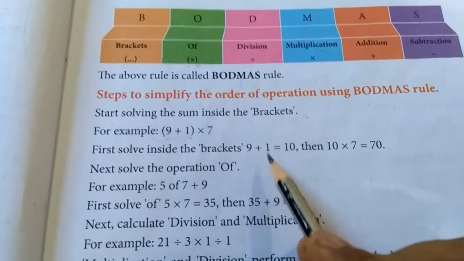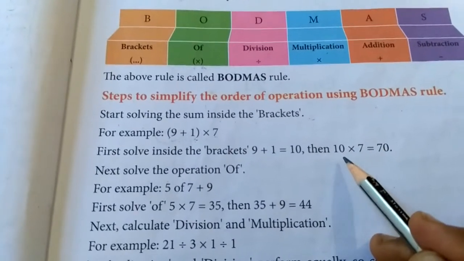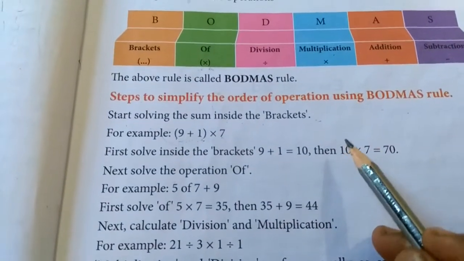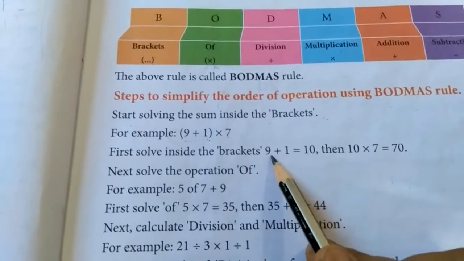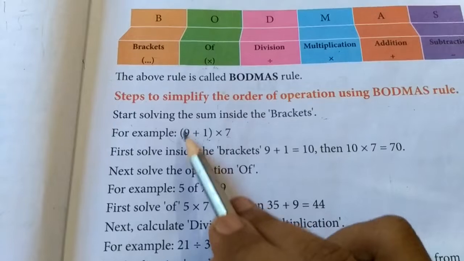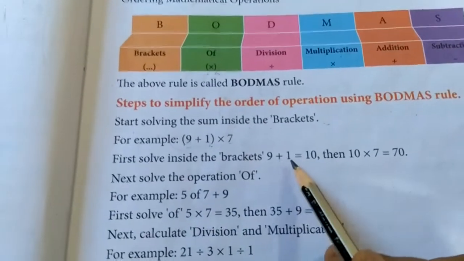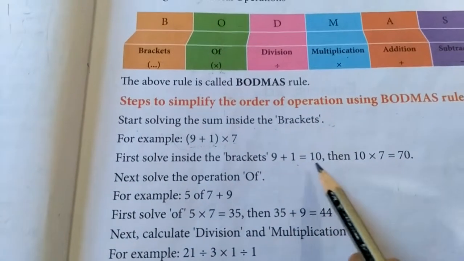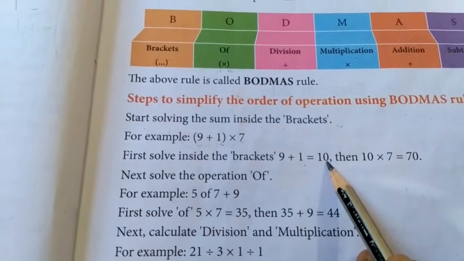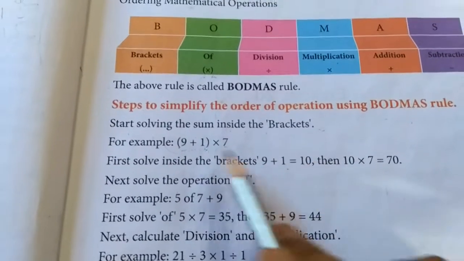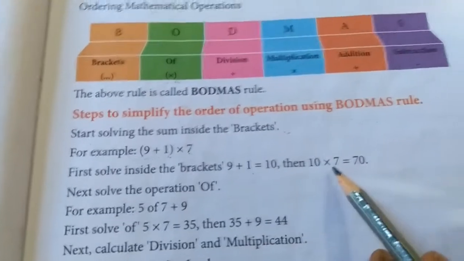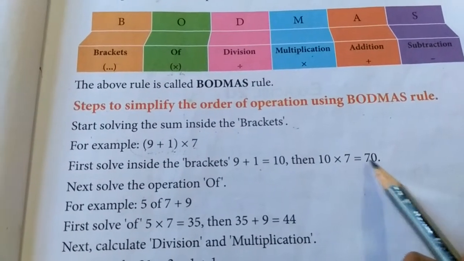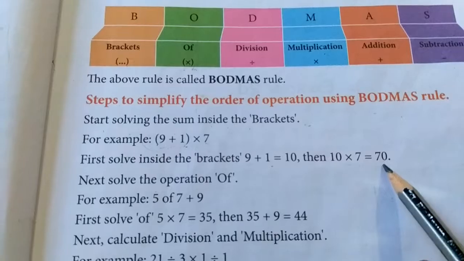Now this bracket has been solved, so there is no need to write the bracket. What was written inside the bracket? 9 plus 1, which gives us 10. Now we have to solve one more step, that is 10 into 7. So 10 multiplied by 7 is equal to 70.